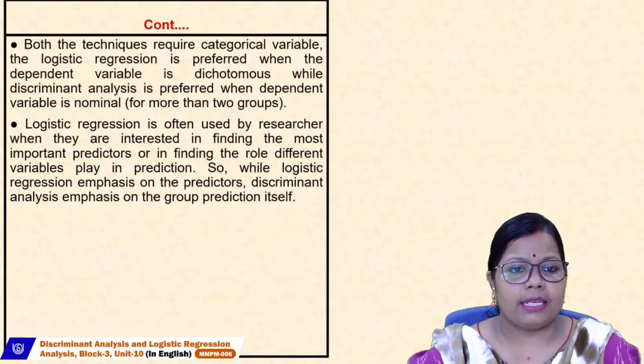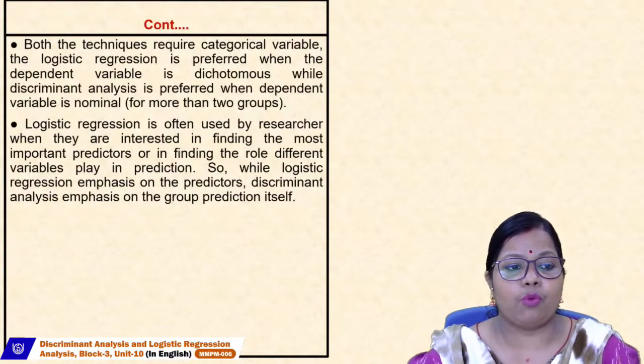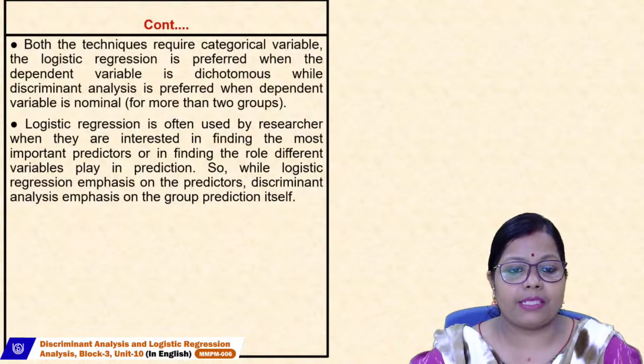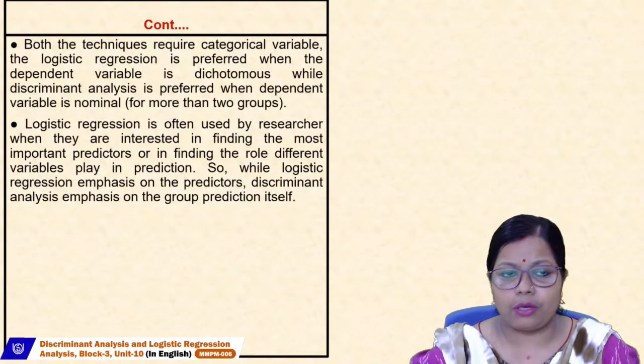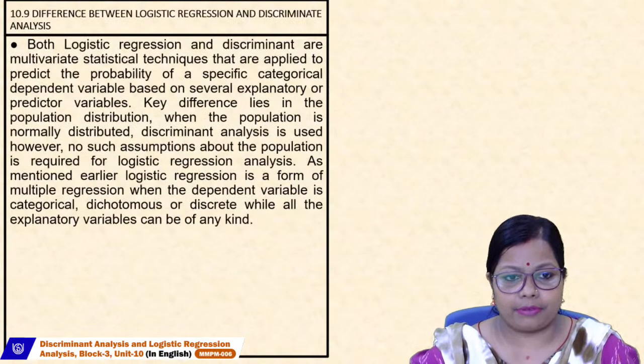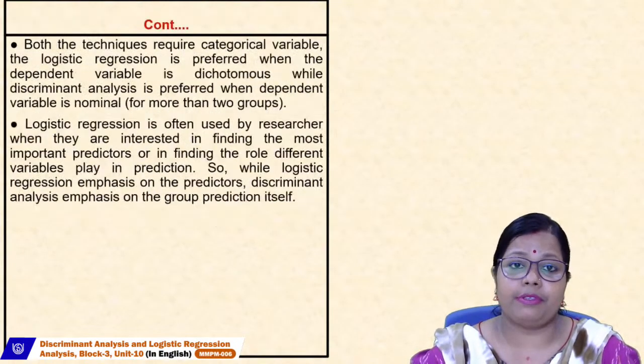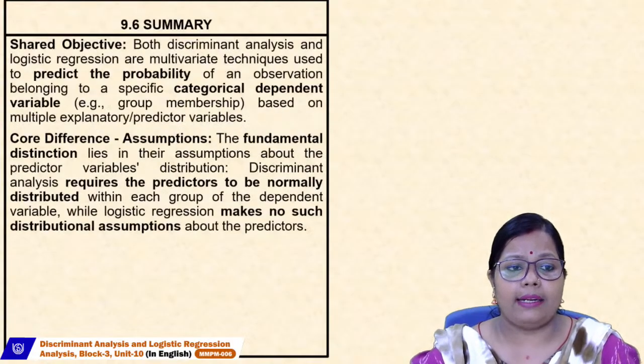Logistic regression is often used by researchers when they are interested in finding the most important predictor, or the role different variables play in the prediction. So while logistic regression emphasizes the predictors, discriminant analysis emphasizes the group prediction itself. So it was all about the differences and uses of discriminant analysis and logistic regression analysis.